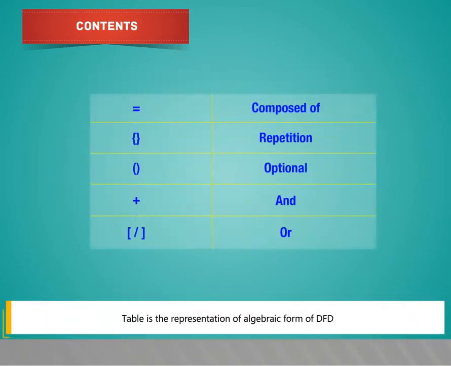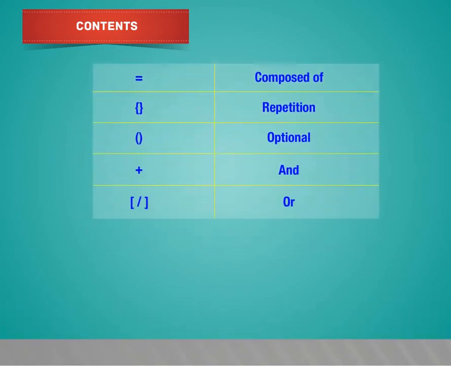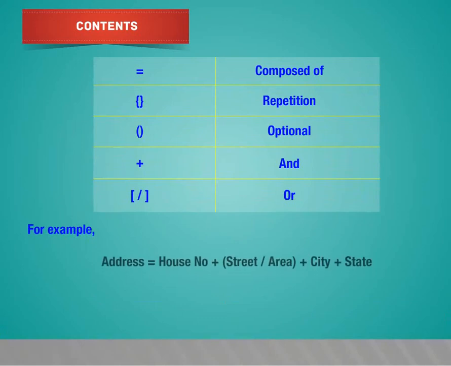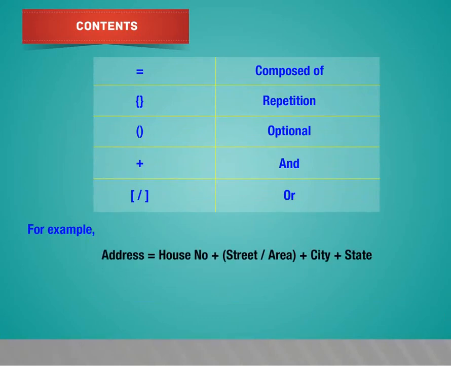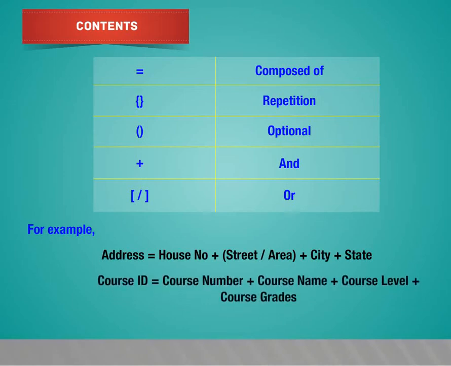Table is the representation of algebraic form of DFD. For example, address is equal to house number plus street or area plus city plus state. Course ID is equal to course number plus course name plus course level plus course grades.